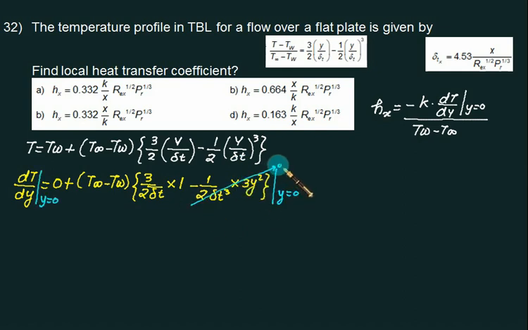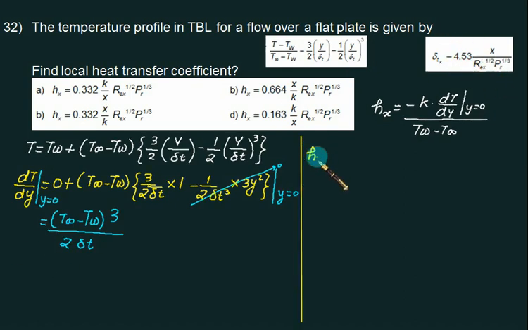You have to solve this value at y equal to 0, so the second term will be equal to 0. So we are left with T infinity minus Tw into 3 by 2 delta T. We'll put this value back, and since we are already given the value of delta T, we'll put that value in and solve it.